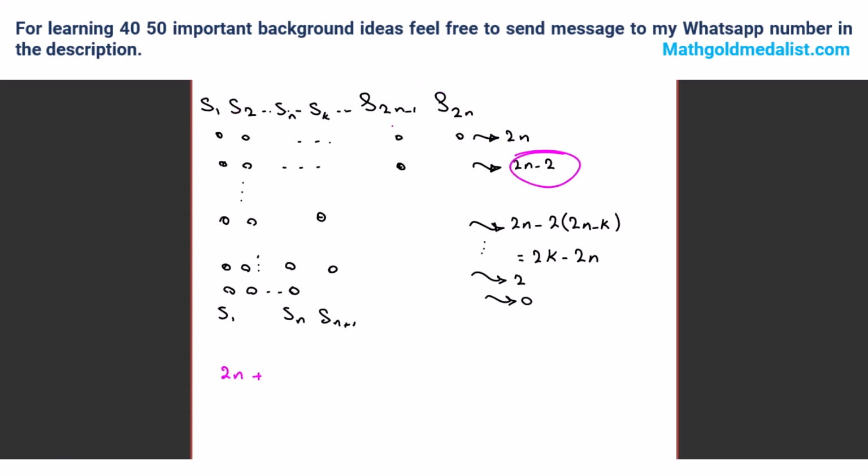Plus 2n minus 2 for each 2n minus 1 subsets. So 2n minus 2 times what? What choose what? Well, choose one. Exactly, 2n choose 1. Next one is what? Two. 2n choose 2. Yes. And the last part is 2 times what choose what?